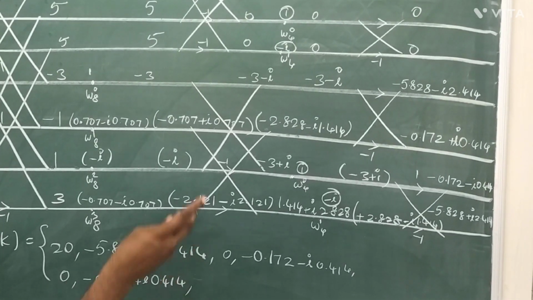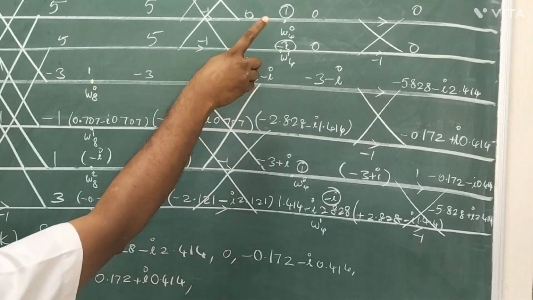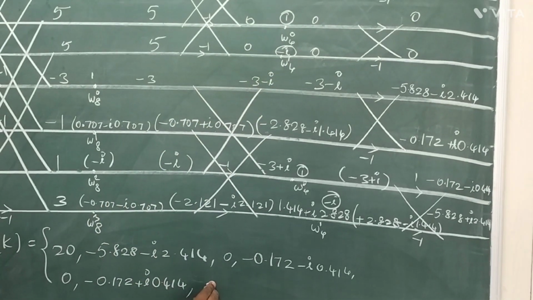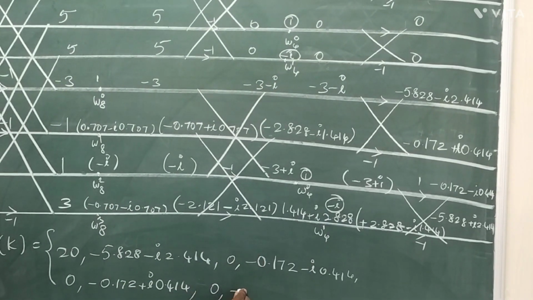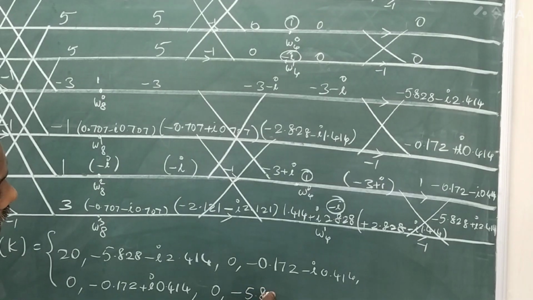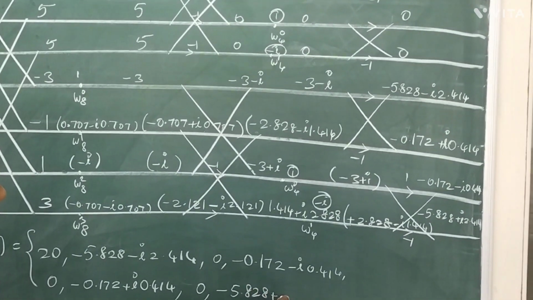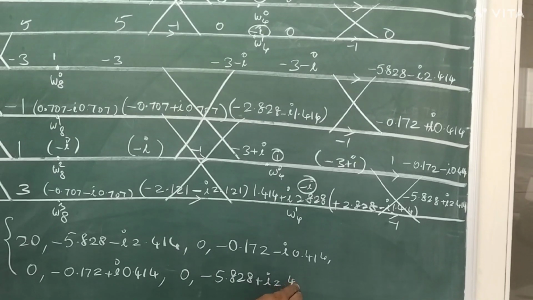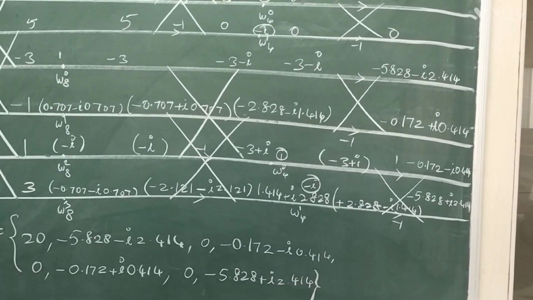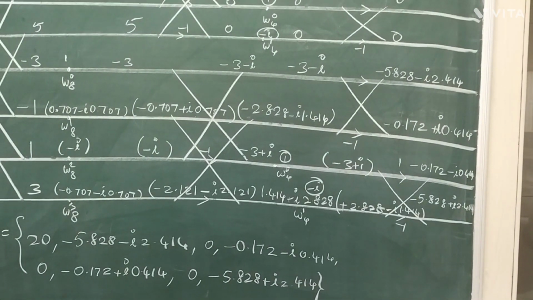Then the sixth position, 0, 4, 2, 6, and then the seventh position, which is the last, minus 5.828 plus j 2.414. You can easily verify the answer.